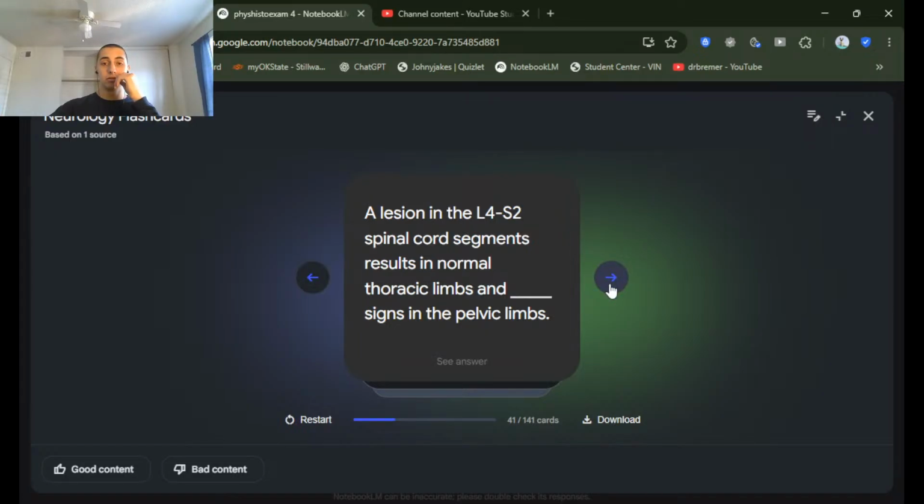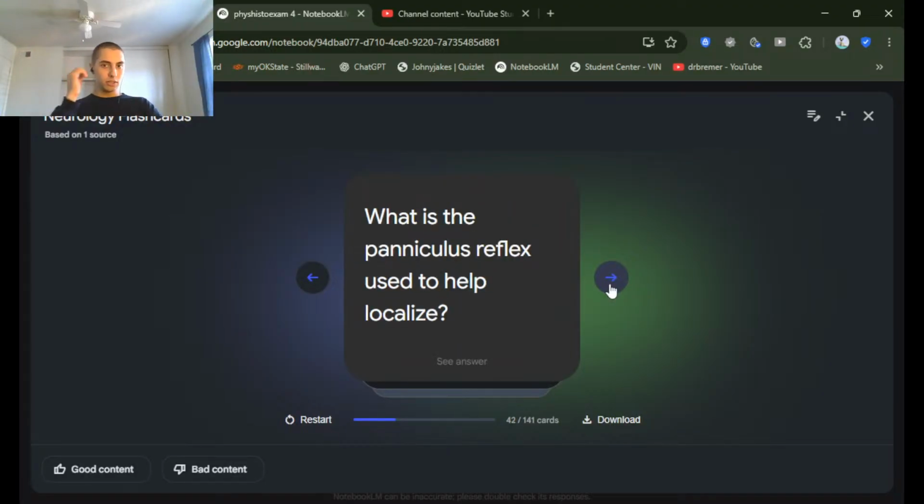Now, what is the panniculus reflex used to help localize? This is the pinching test.